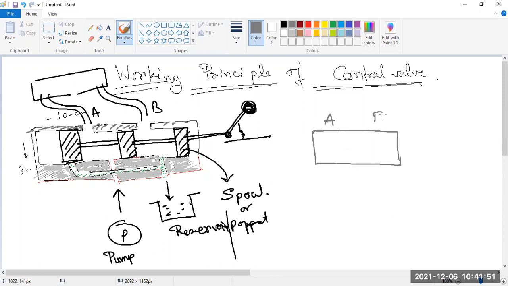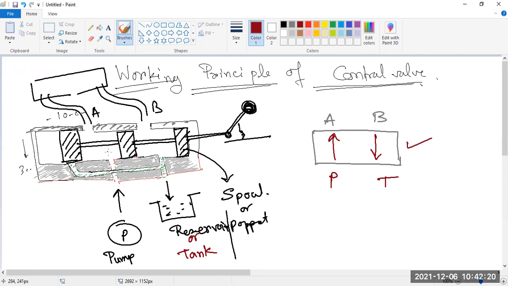A and B, this is pump, and this is T for tank. Okay, so whenever the connection is in this way, then A is connected with this pump and B is connected with this tank. Look, you can see in this position when the symbol is just like this, then the pump is connected to the channel A.